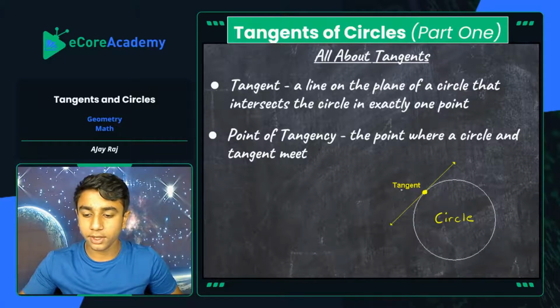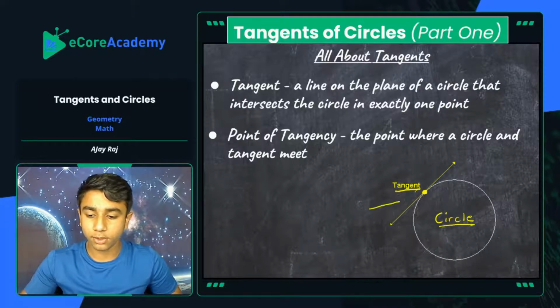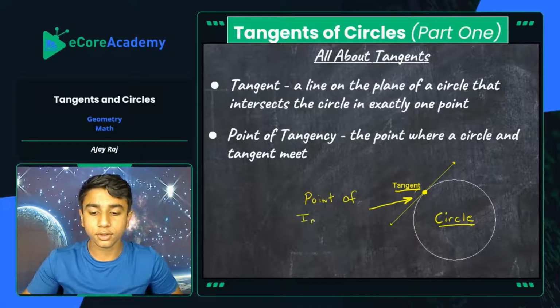And this is our point of tangency of our tangent. So I'm just going to underline all these. And as I said, this point here, point of intersection, equals your point of tangency.